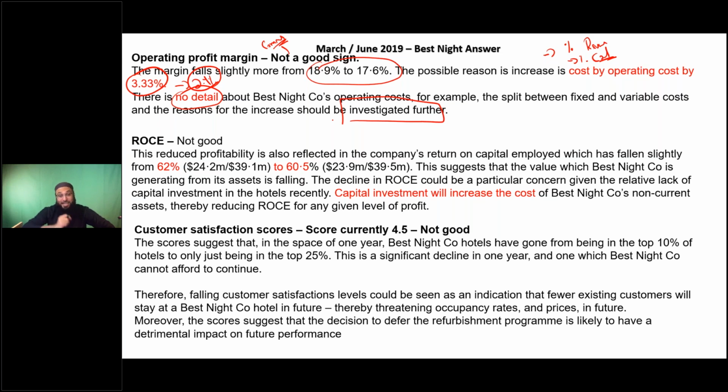But yes, indirectly you can link here by comparing the percentage increase in cost with the percentage increase in revenue. For every margin, compare percentage increase in cost with percentage increase in revenue. I hope this is clear. You can see the subheadings, the comments, and then the discussion.